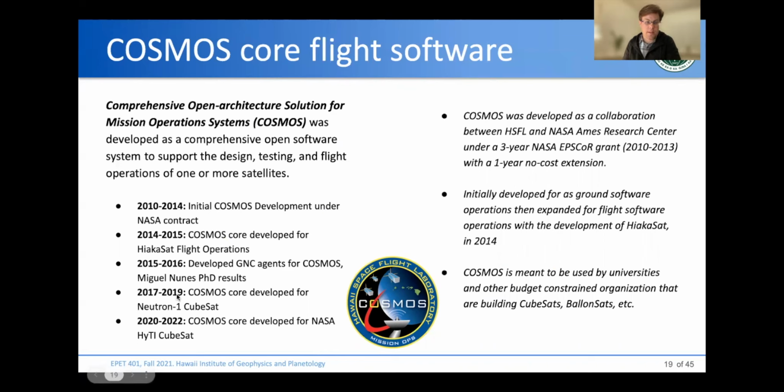In 2017 and through 19, we developed Cosmos Core for Neutron 1 CubeSat. And then now we're working on Cosmos Core and Web and other tools for the high-tech CubeSat. Yeah, so this gives you just an overview of how Cosmos has been developed over the years.